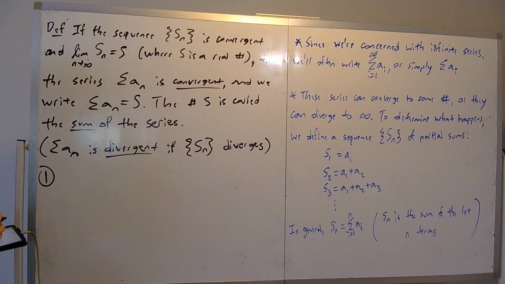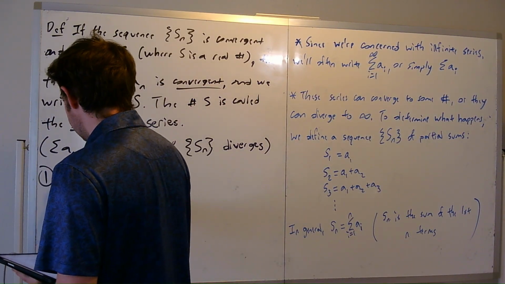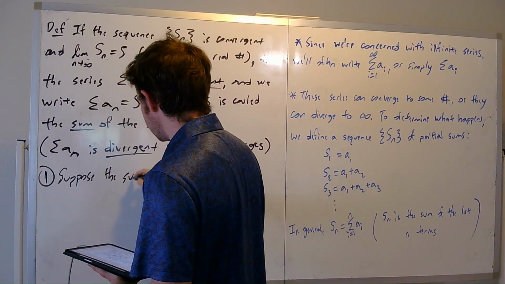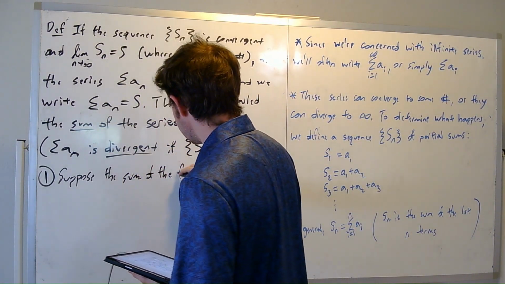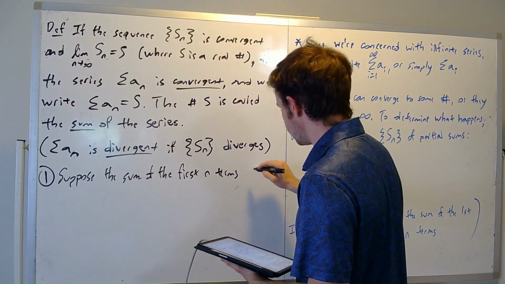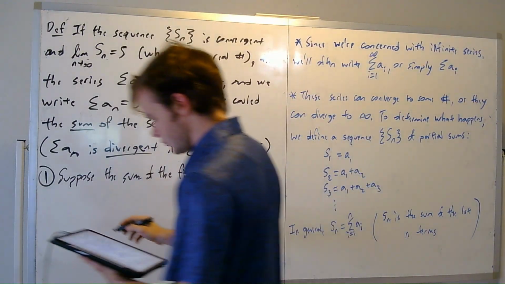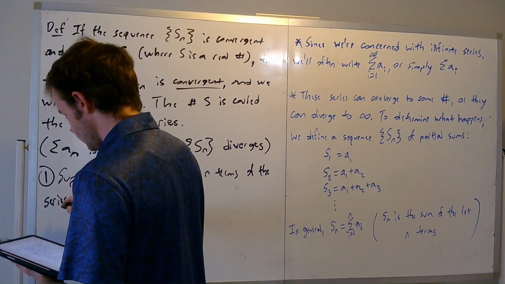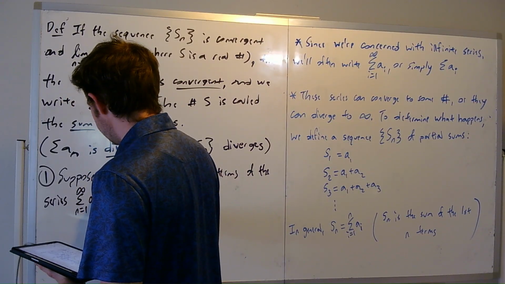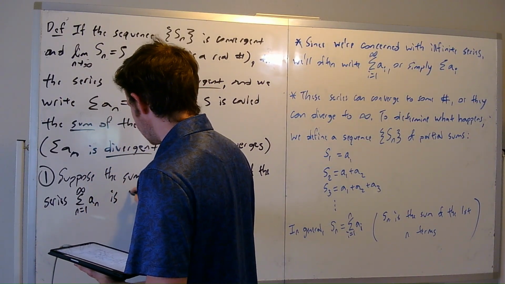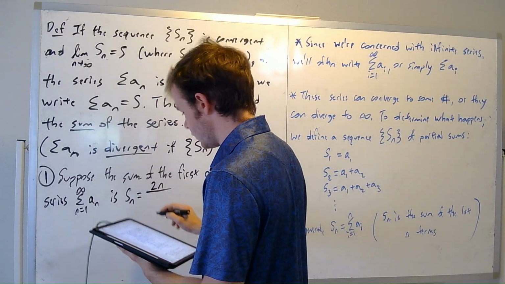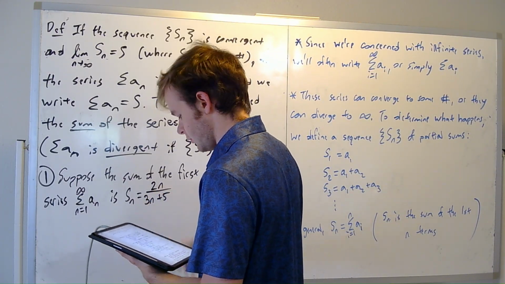So example number 1 here. It's going to say, suppose the sum of the first n terms of the series, sum from n equals 1 to infinity of a_n, is S_n equals 2 times n over 3n plus 5.